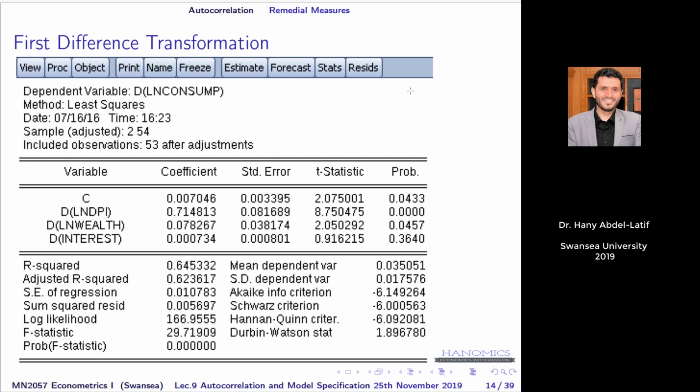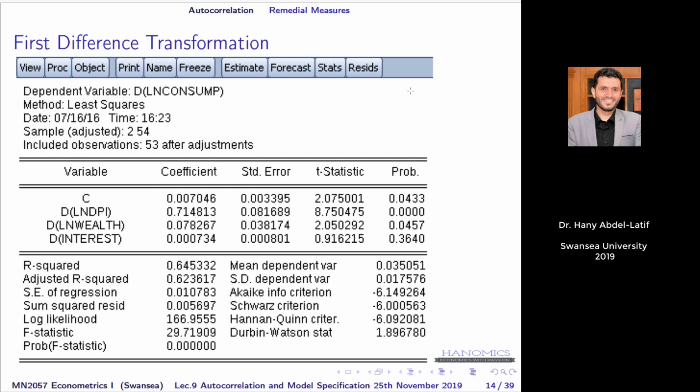Remember, this is the first difference regression. I took the first difference of the dependent variable, so y_t minus y_{t-1}. The same thing applies to the regressors. And now look at my Durbin-Watson statistic. It became nearly 1.9.